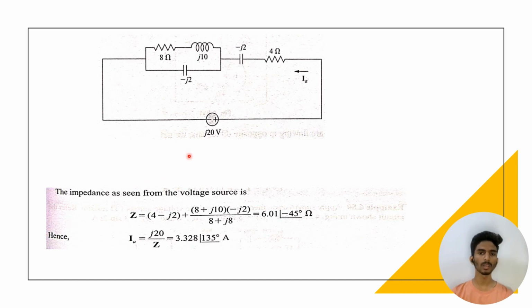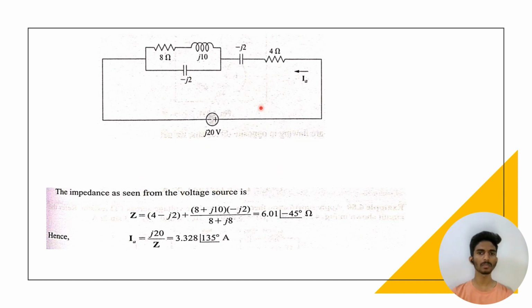And now this 8 plus j10 and 4 minus j2 are in parallel, so we can write (8 plus j10) into (4 minus j2) divided by 8 plus j8.